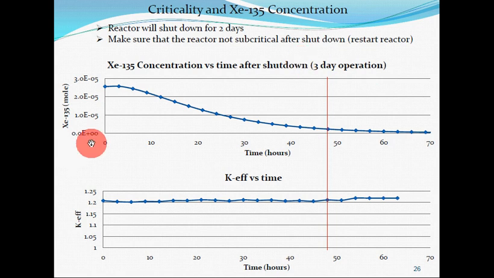We see right here, this is the shutdown point time. This is the concentration of xenon. This is the time. The xenon concentration at first slightly increases, and then it decreases and decreases.